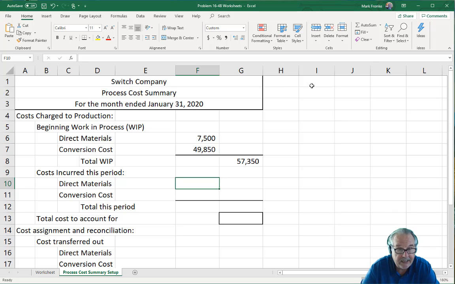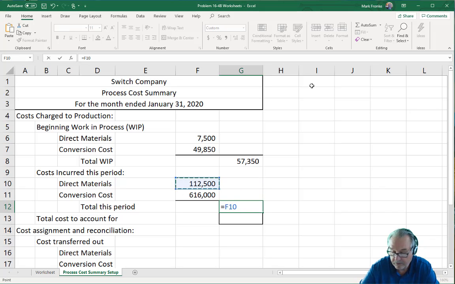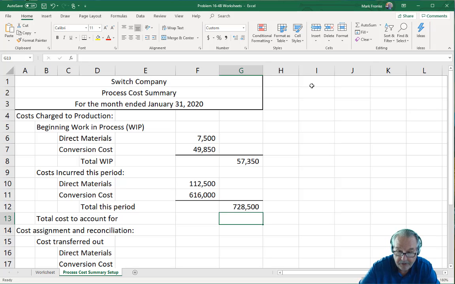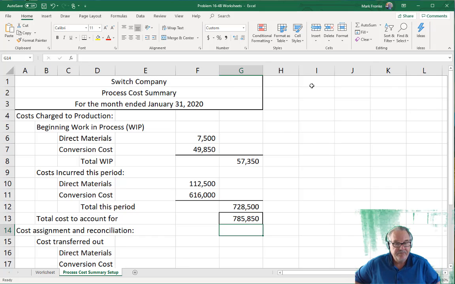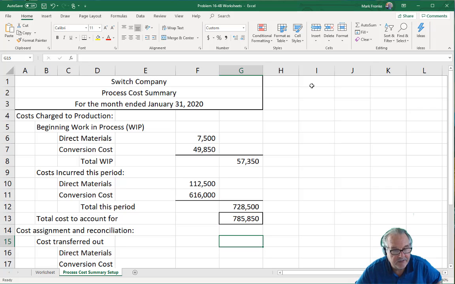Then we added 112,500 in materials and 616,000 in conversion cost. We total those together, add them all up, and we get 785,850. Again, this is the debit side of the T account, just summarized.